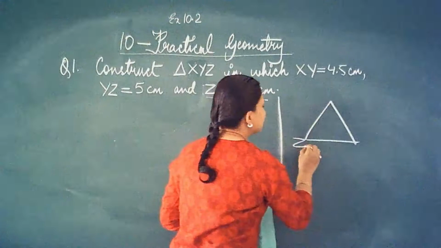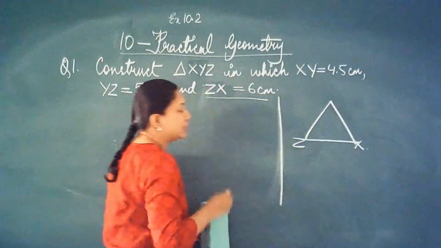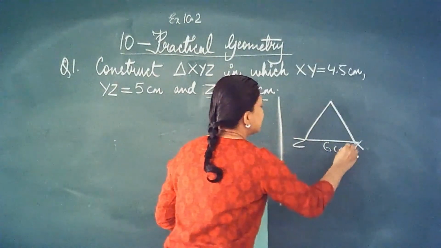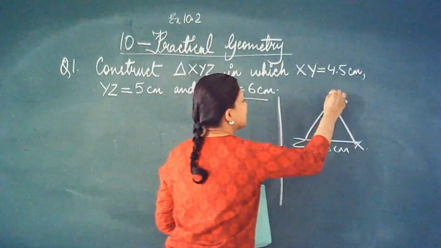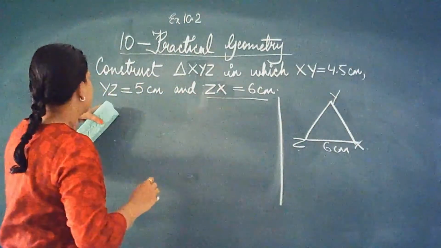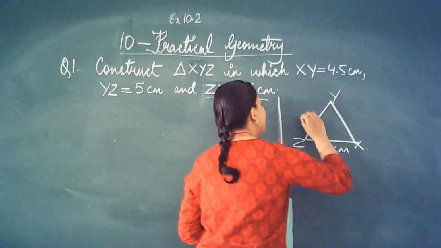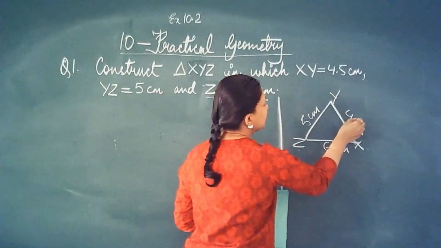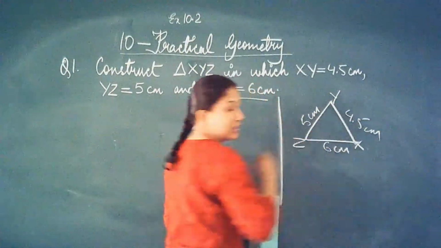ZX for my triangle will be the base of the triangle, that is 6 centimeters. So this is your Y. Now the line segment ZY is 5 centimeters and XY here is 4.5 centimeters.